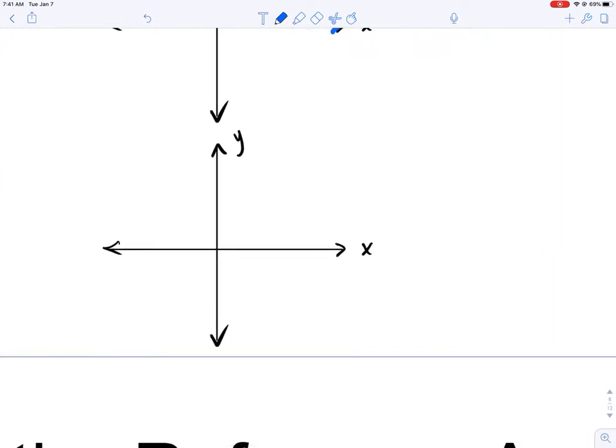And in quadrant 4, if that's theta, this would be our theta ref. Okay, it must be a positive acute angle between the terminating side and the horizontal axis.